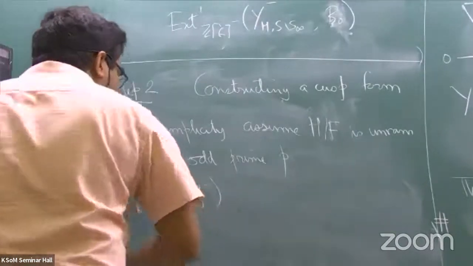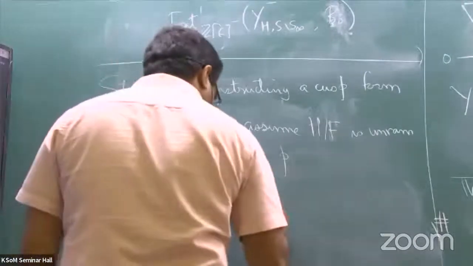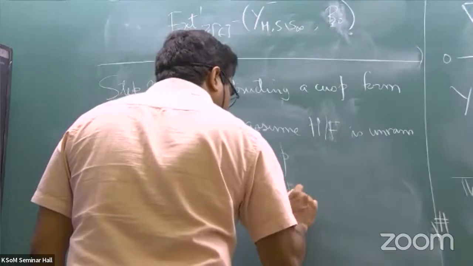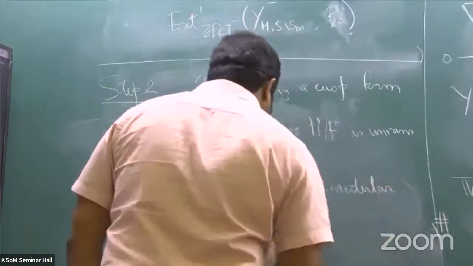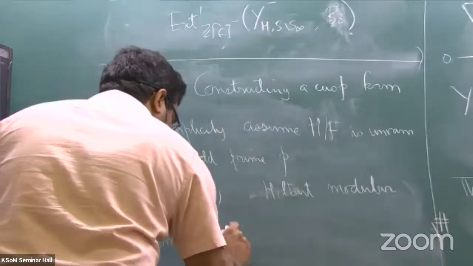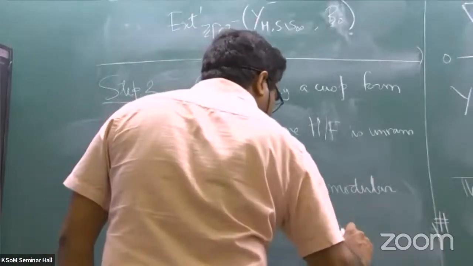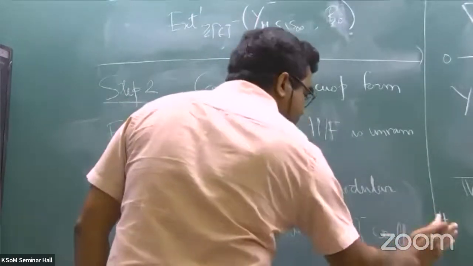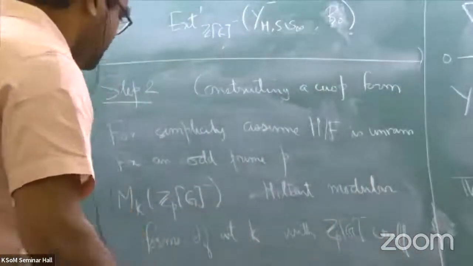Okay, so these are modular forms of weight k, but now with coefficients in Z_p[G minus]. What this means is, if you want to think very naively, you can think of these just as q-expansions.